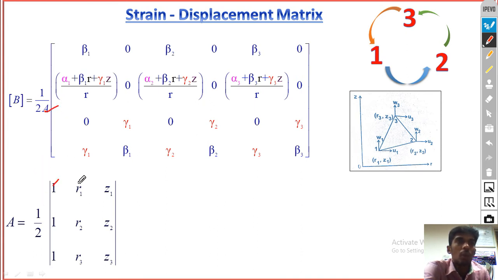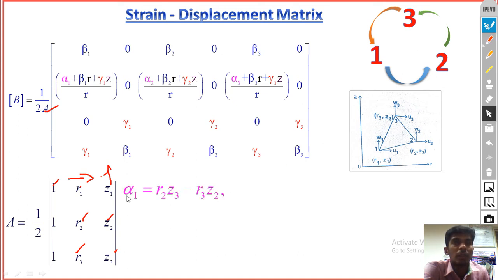1 by 2A times the determinant with rows 1, r1, z1. r is the horizontal value, z is the vertical value. r1, z1, r2, z2, r3, z3 are the coordinates of the respective nodes. Next, what is the value of alpha 1?